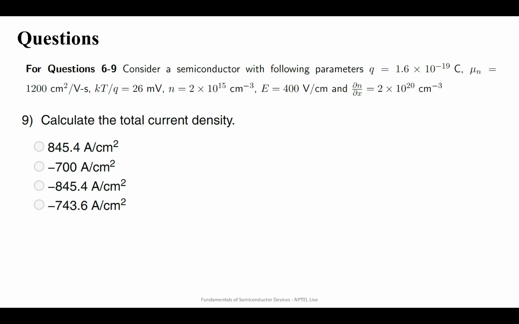So next question. Calculate the total current density. The options are 854.5 ampere per centimeter square, minus 700 ampere per centimeter square, minus 845.4 ampere per centimeter square, minus 743.6 ampere per centimeter square.